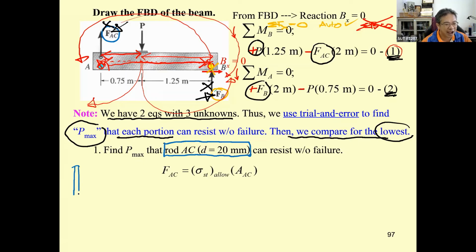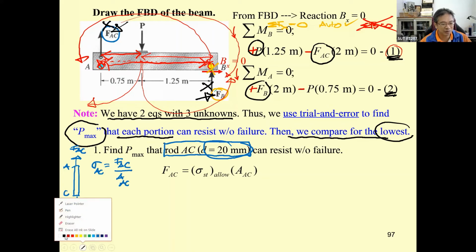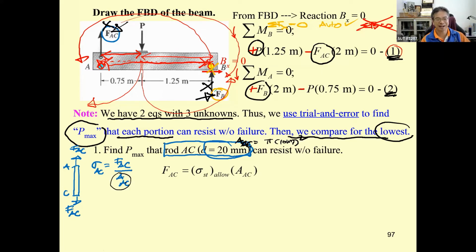Just taking the rod AC, it is subjected to F sub AC at both ends. The stress in the rod AC equals F sub AC divided by A sub AC, where A sub AC is pi times 10 millimeter squared.